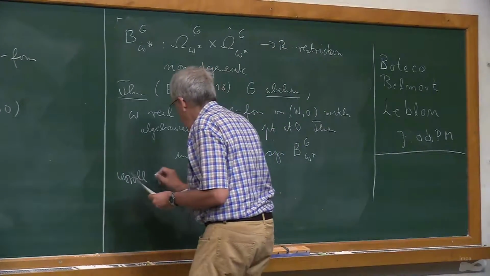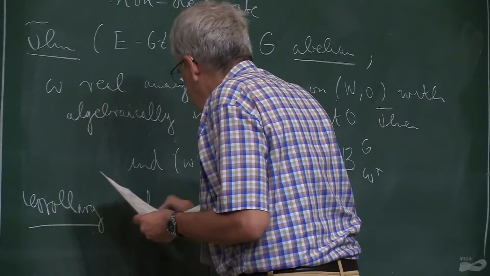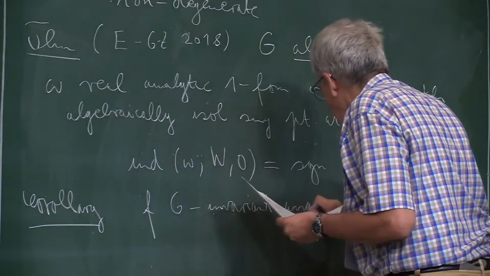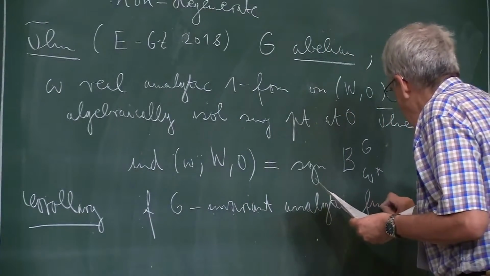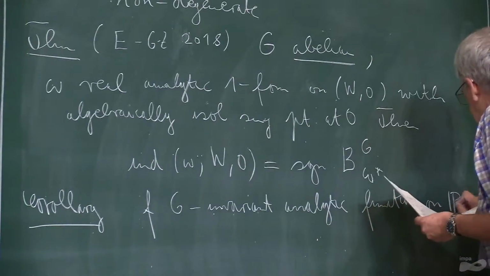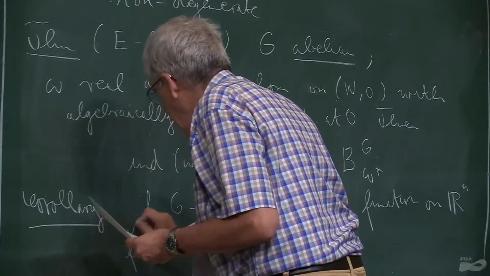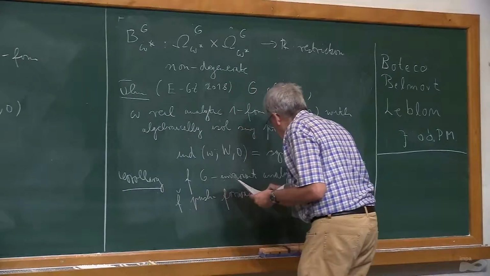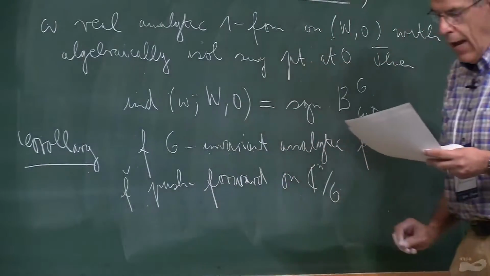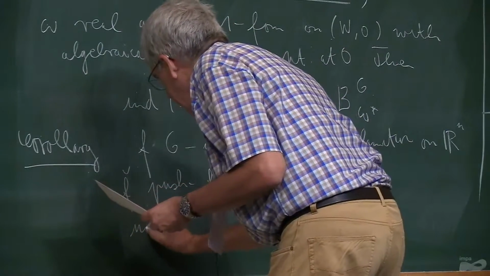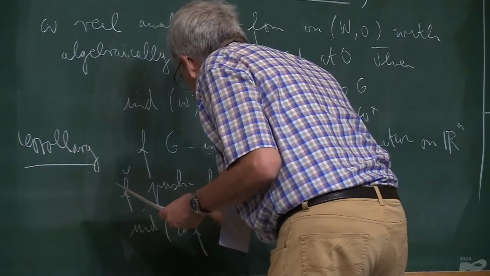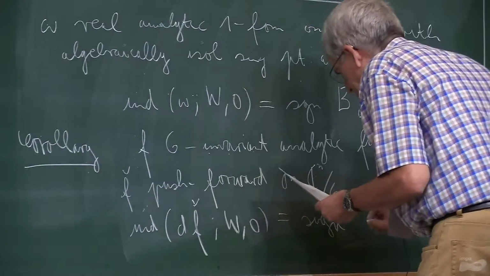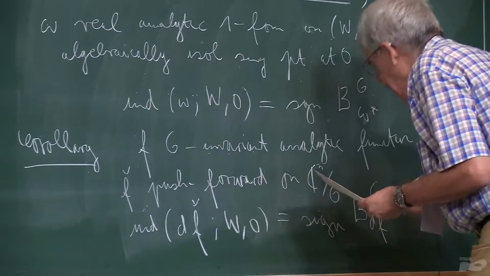So as a corollary, we get that if f is a G-invariant analytic function on Rn, then we have a push forward f check on the quotient Cn modulo G, and then we can formulate this: the index of the differential of this push forward on W, 0 is equal to the signature of df_G.